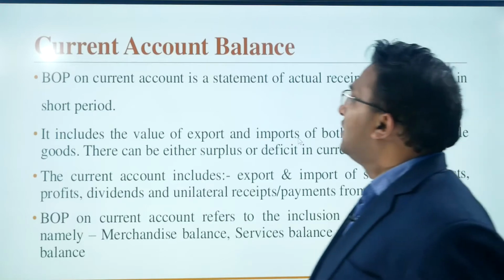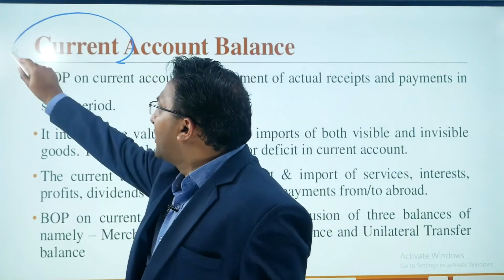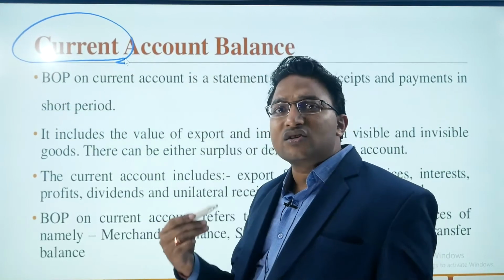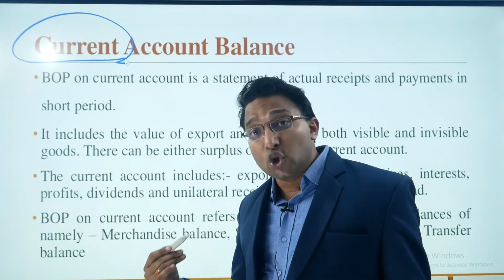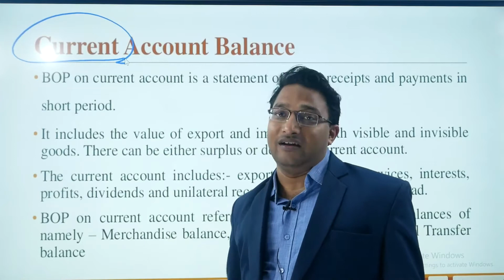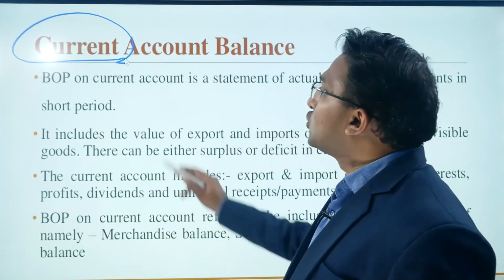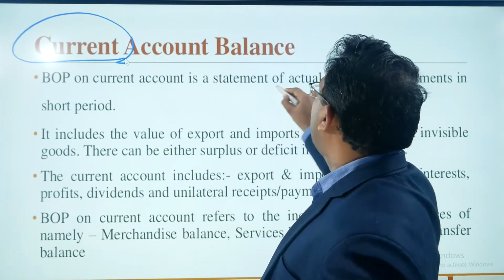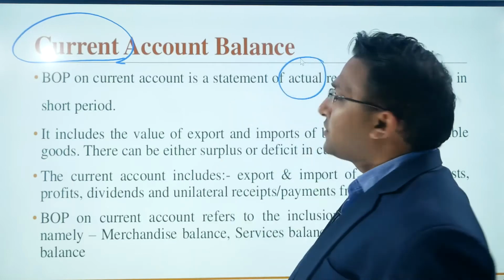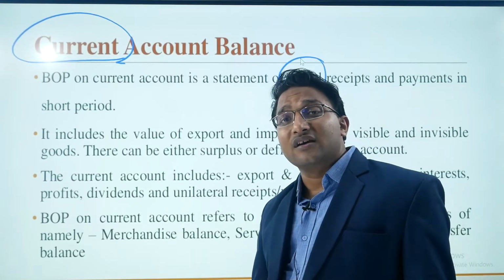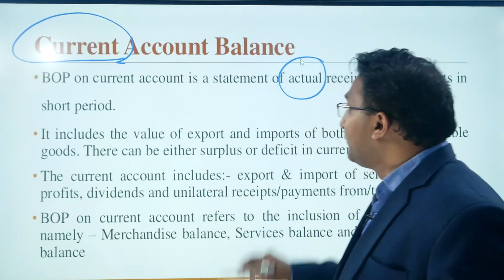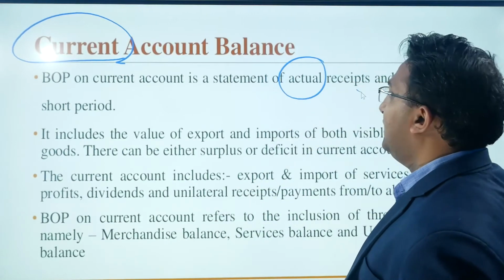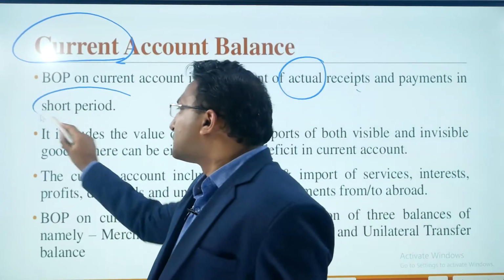Now let us see the current account balance. So what is the meaning of current account balance? The transactions which impact the income and expenditure side, which are short term in nature, which are one way transactions. So BOP on current account is a statement of actuals. Please be careful. As I already discussed, this balance of payment indicates actual transactions, actual receipts and payments in a short period.